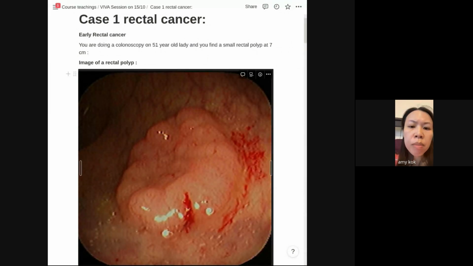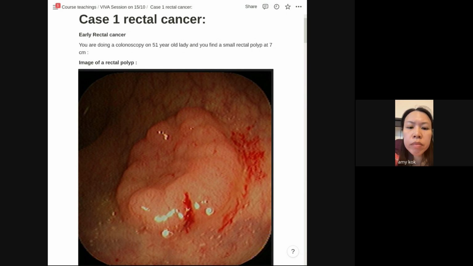Probably some component of invasion, maybe a cancer. If possible, I also want to see the NBI images and do a magnifying colonoscopy to see the pit pattern as well. For this lady, I will definitely take a focused history and do a physical examination if I have the chance to see her.